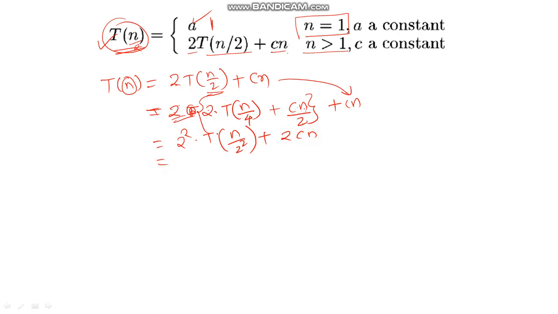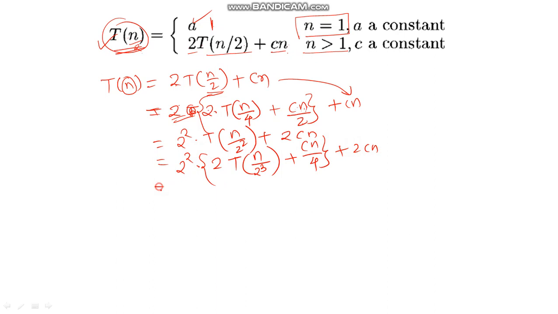Now if I put n by 2 squared, that is n by 4, what I get is 2 raised to 2 as it is into 2T(n/4 divided by 2), so that will become 8, and 8 is 2 raised to 3, plus Cn by 4, bracket to this, plus 2Cn.